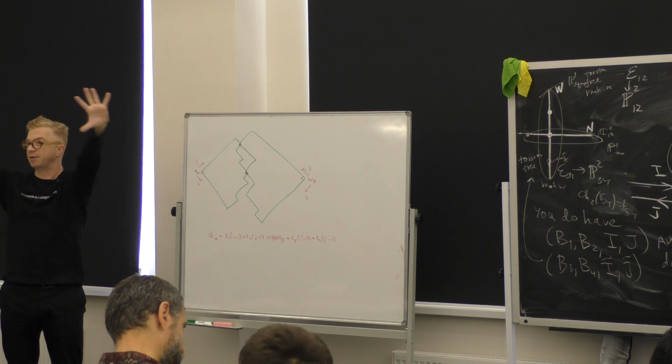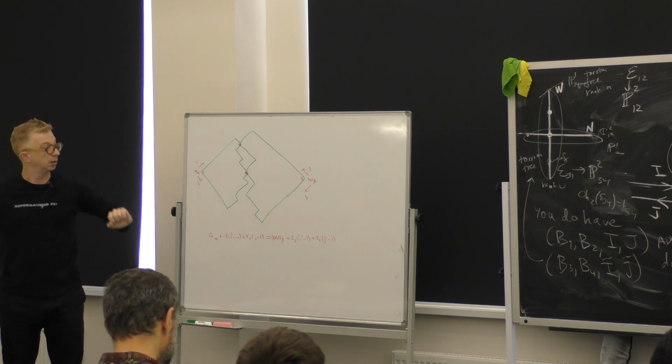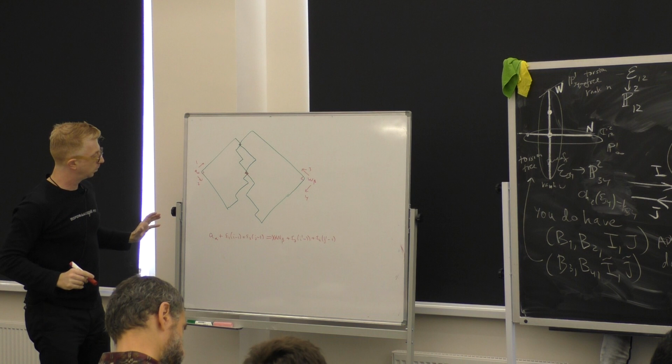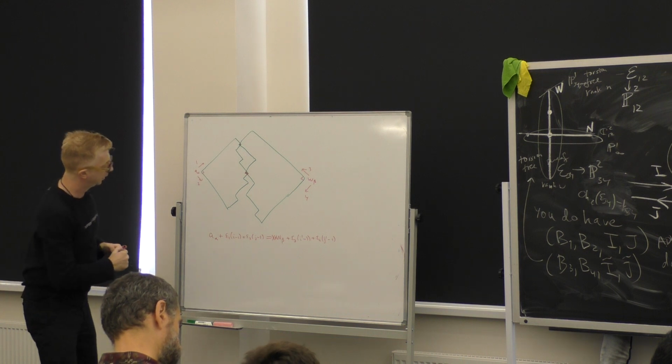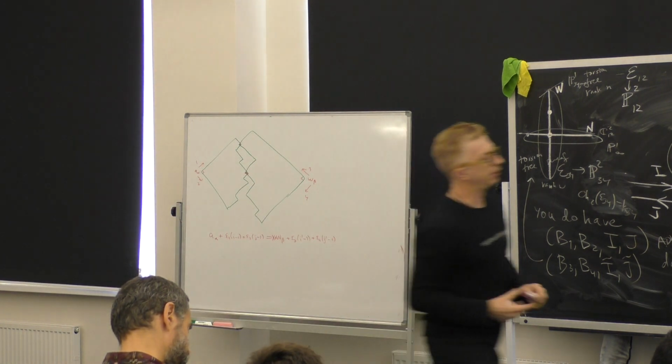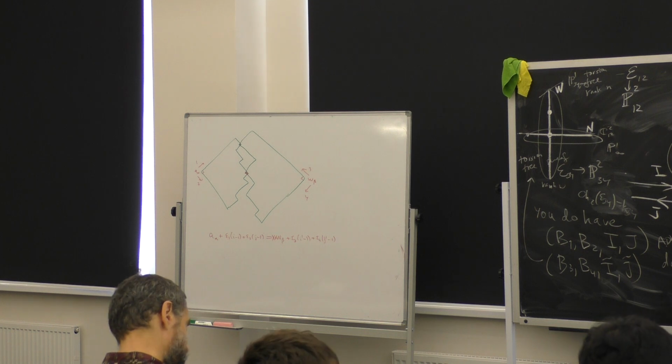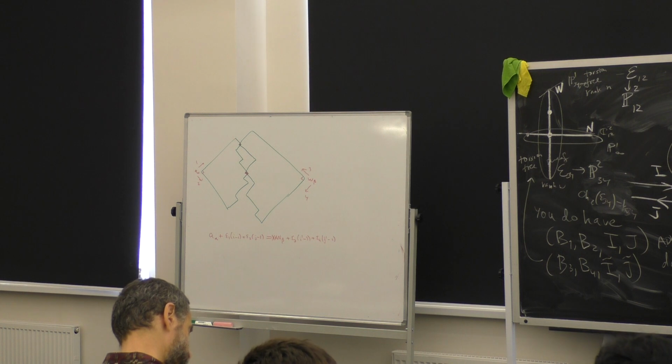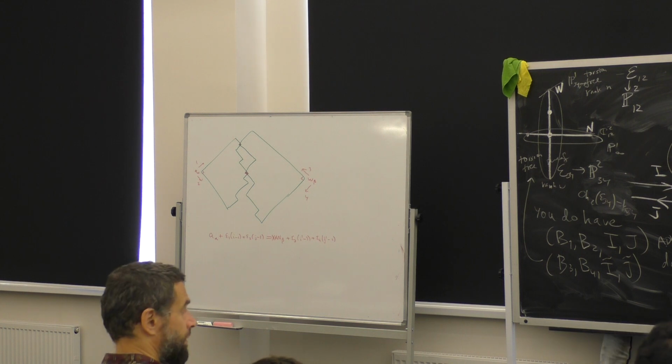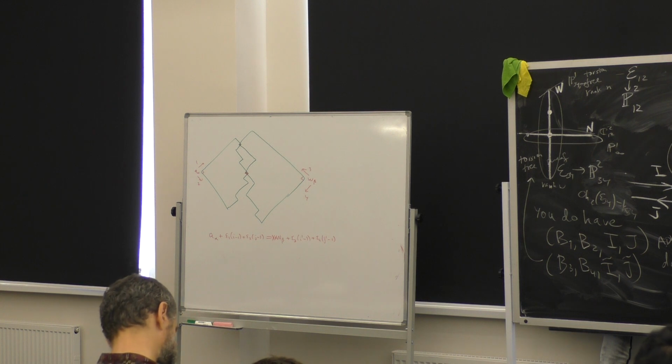So the way I look at it, I have my original problem, so I had some number of equivariant parameters, a1, a2, up to an, and then I had w1, w2, and so on.